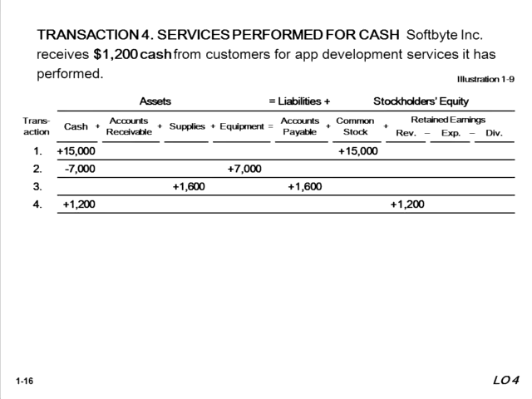So we increase revenue by $1,200. That has the effect of increasing retained earnings, which has the effect of increasing stockholders' equity. So, once again, we have maintained the equality of the accounting equation. We increased assets, and we increased stockholders' equity by the same amount.